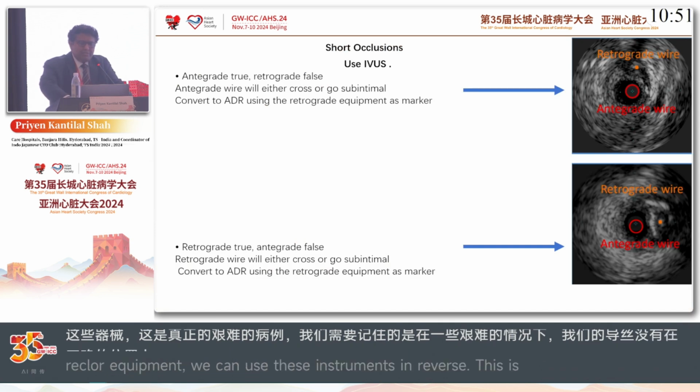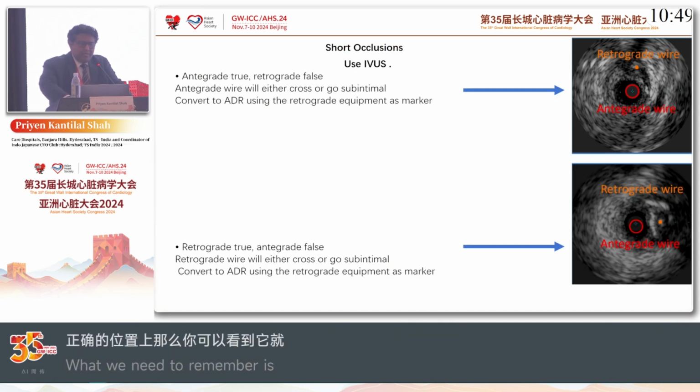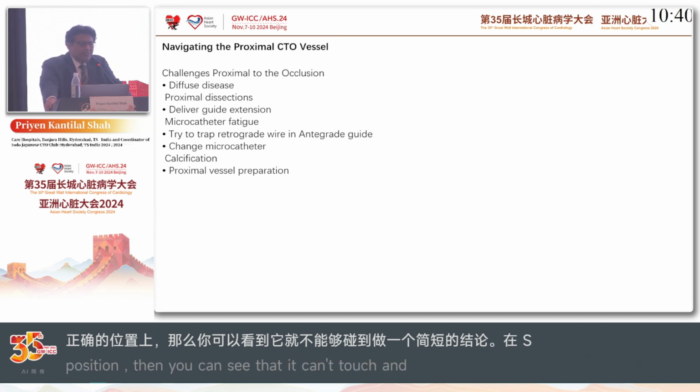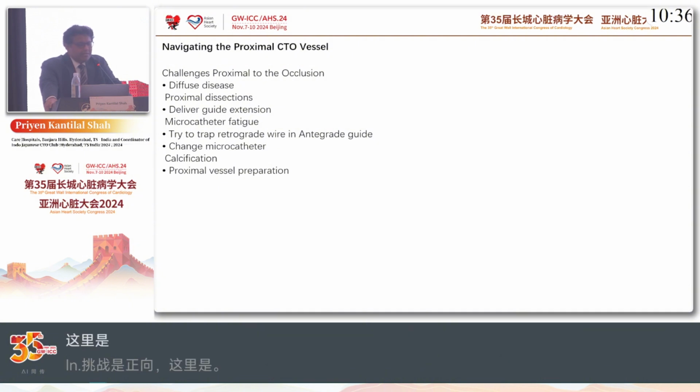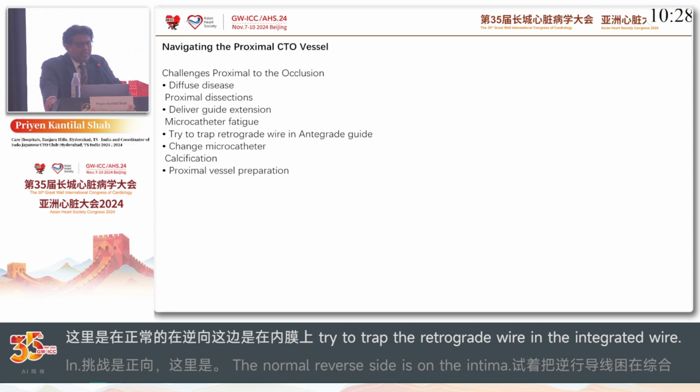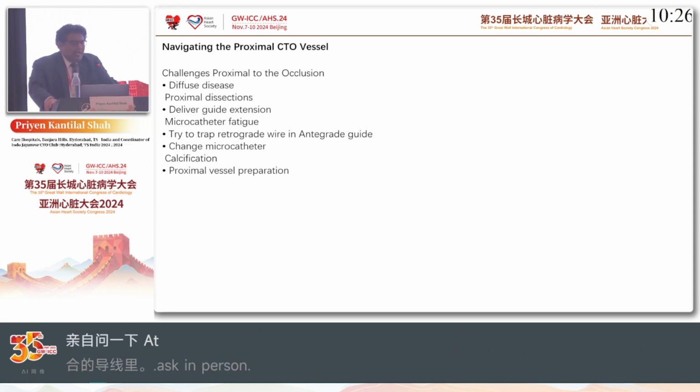So I was in a short occlusion and in a retrograde true, antegrade false. The challenges are diffuse disease proximal to the occlusion, proximal dissection, delivering a guide extension, and the microcatheter getting fatigued. Try to trap the retrograde wire in the antegrade wire, change the microcatheter, and address calcification of the vessel and proximal vessel preparation.